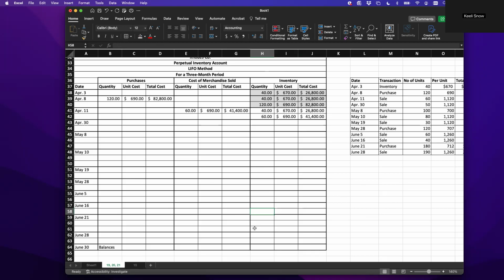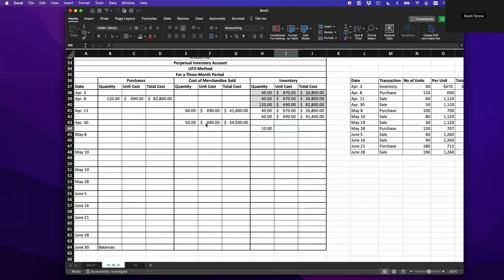$670. April 30th, we're also going to make a sale. We're going to sell 50 more. So 50. We have 50 that cost us 690. So last in, first out, 50 for 690. We had 60. We sold 50.